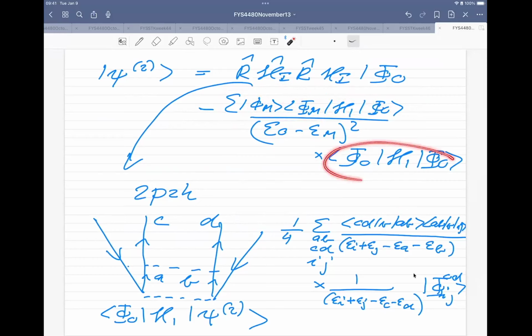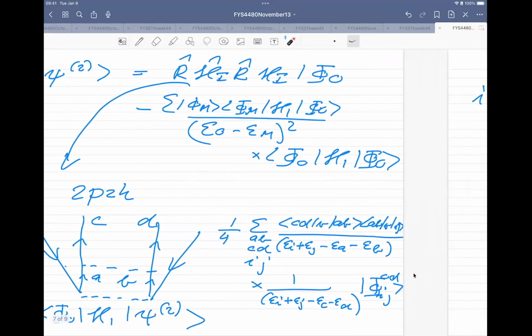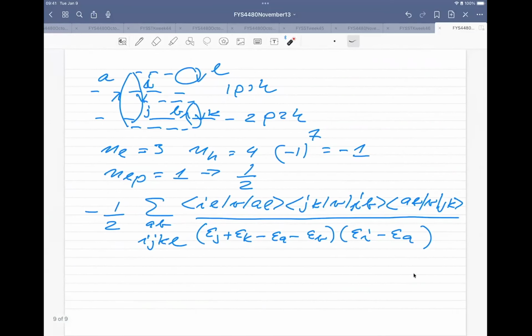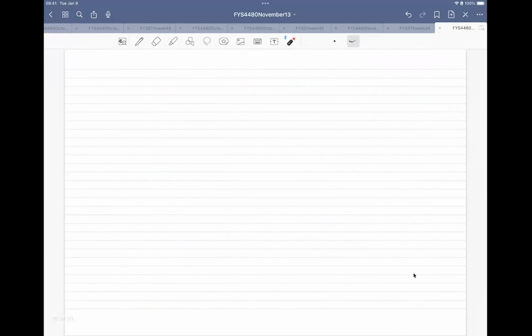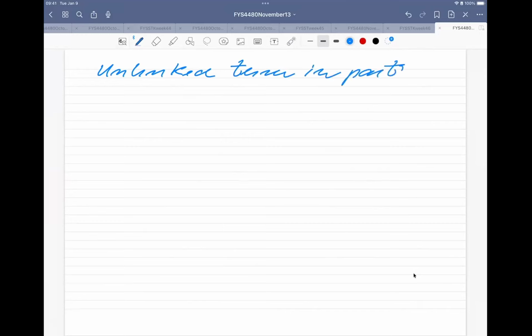On the other hand, this term here is just an excitation by itself. So let's look at how this translates into the particle formalism first. So let's look at the unlinked diagram in a particle formalism.